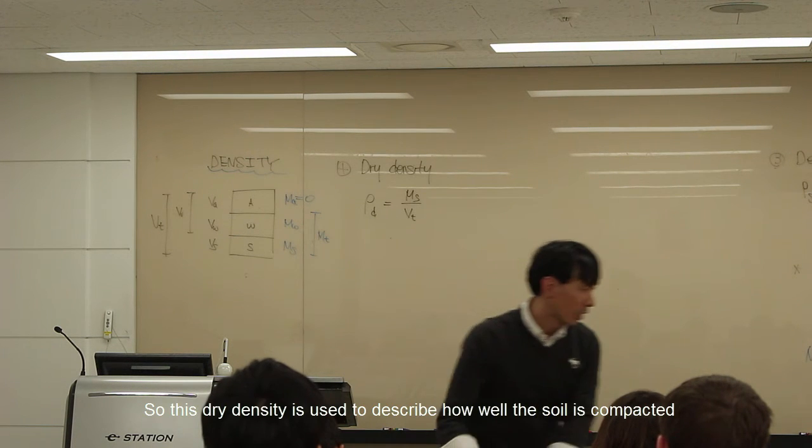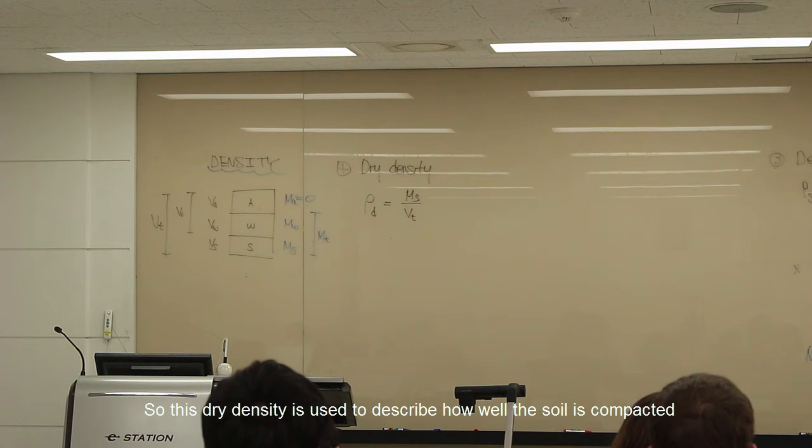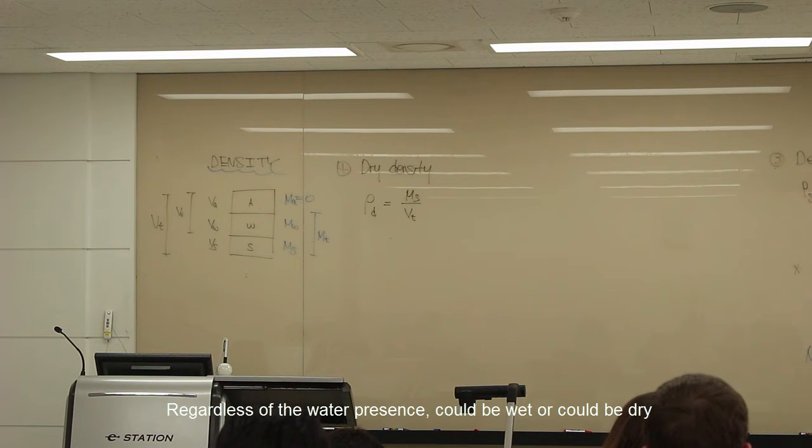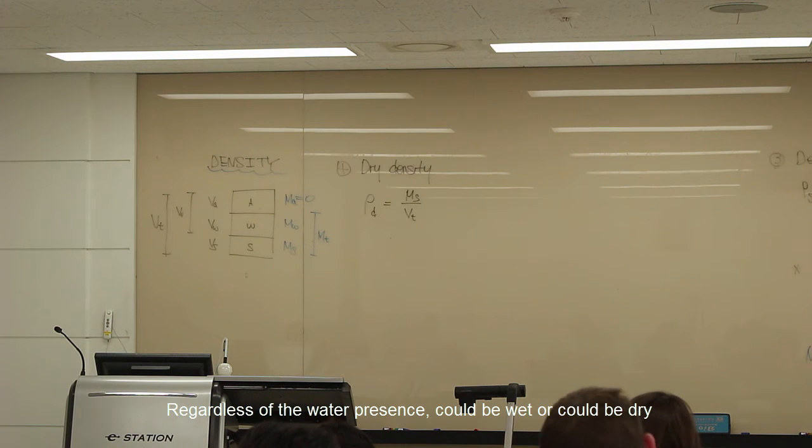So this dry density is used to describe how well the soil is compacted. If you compact the soil very well, it could be very dense soil, and regardless of the water presence, it could be fully wet or fully dry.